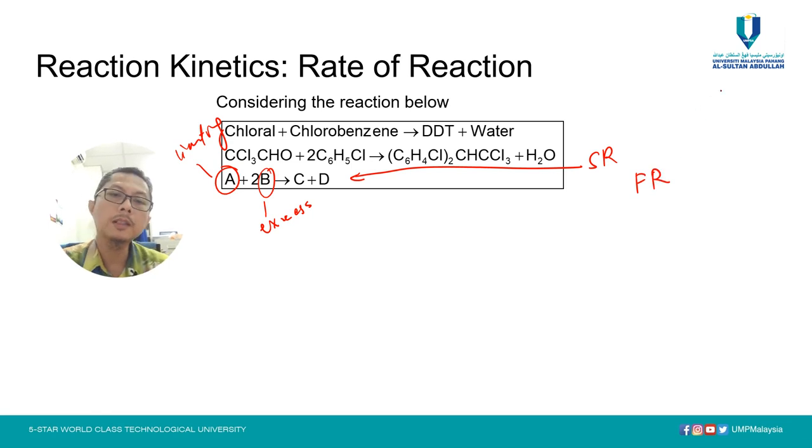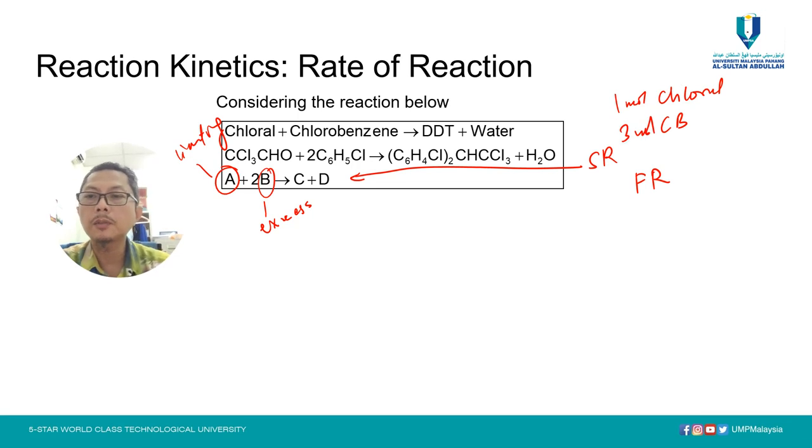For example, in the reactor we have 1 mole of chlorine and 3 moles of chlorobenzene.